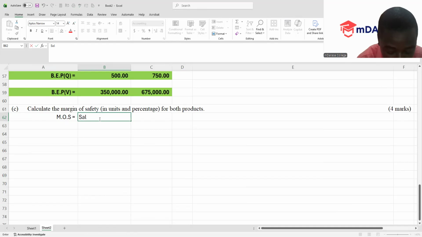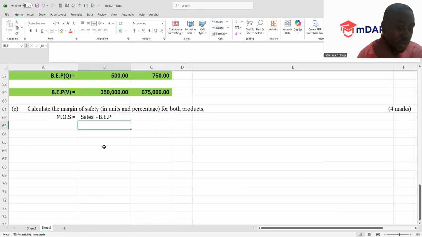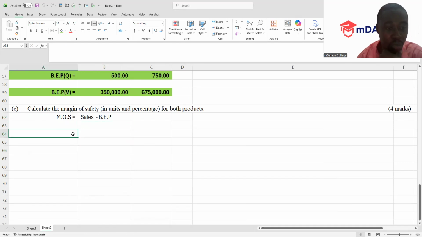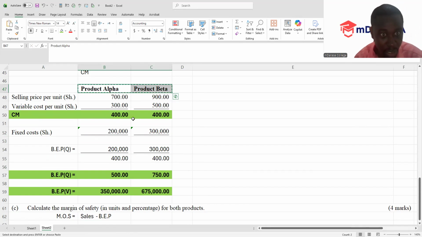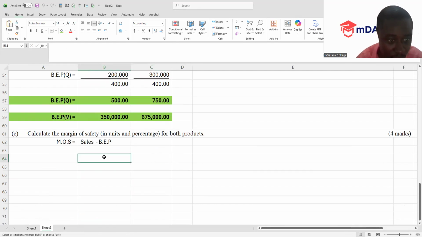So sales minus break-even point gives us our margin of safety. In this context, they want us to determine it for each product in units.